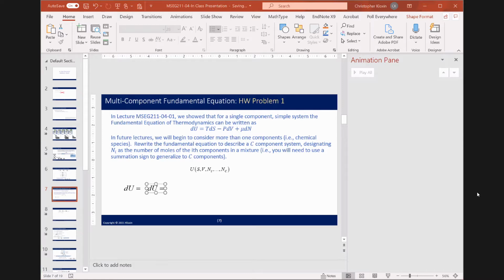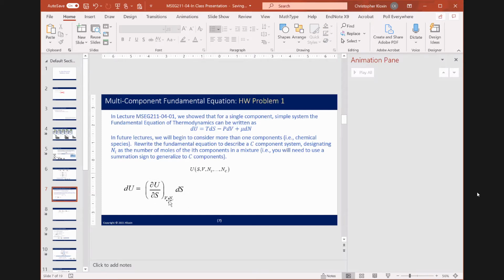And we can write dU. I'm just going to pick the first variable and do the change in that, holding the other variables constant. So that would be partial U over partial S, holding V and n sub i, dS. So just notation-wise, that's the first term.